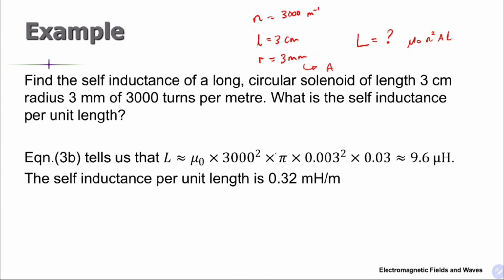So this is A, L, n squared. And then per unit length is simply divide by L. That gives you 0.32 millihenry per meter. That's how you work out self-inductance.